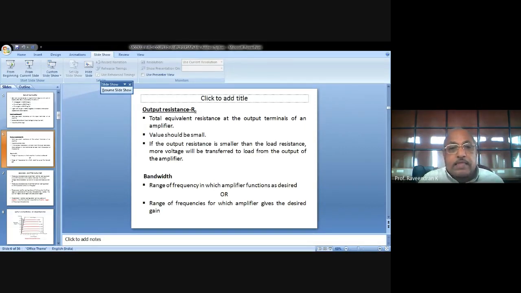So I will just tell about the advantages of RC coupled amplifier and its applications. And with this, I conclude this session here. The same thing will be followed in implementing the RC coupled amplifier in the laboratory. I will put an audio on how to connect the amplifier leads, in what places on a breadboard.